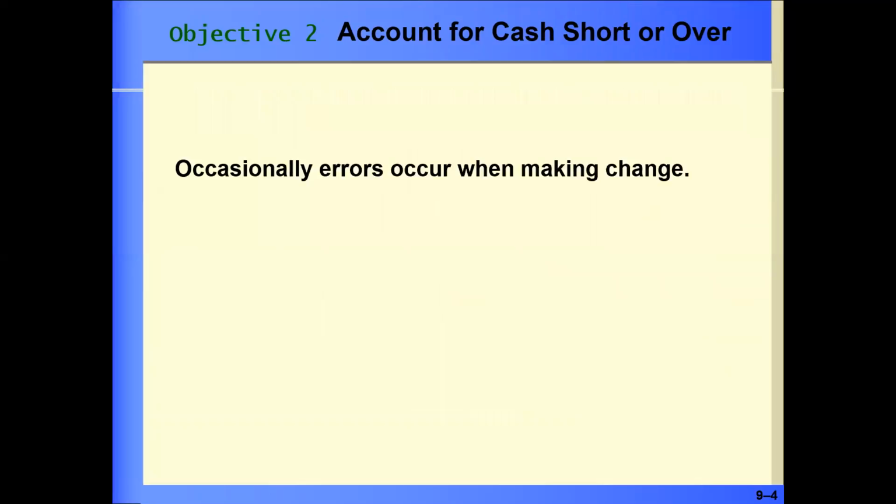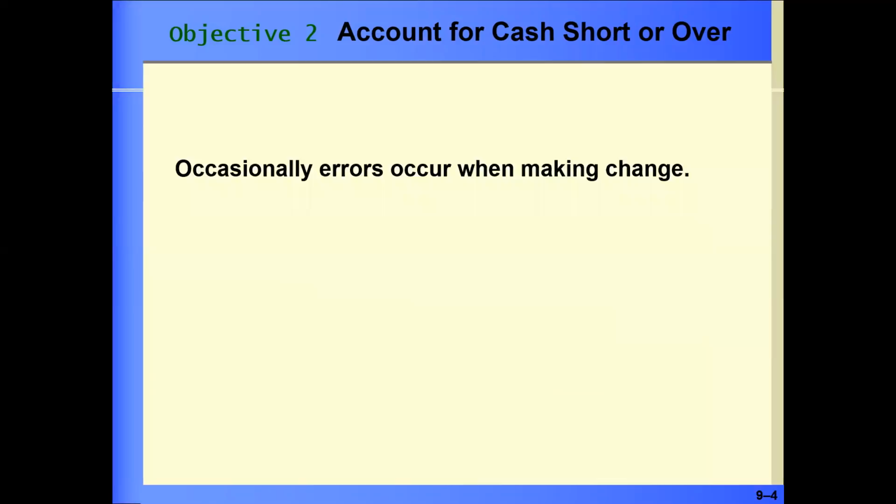And you may have, when you're reconciling the cash drawer of your register at the end of the night, the amount that you had in the cash drawer at the beginning of the day, plus all the sales, less all the payments out that you may have made. At the end of the day, your cash register should have the same amount of cash in it that it says it should have in it.